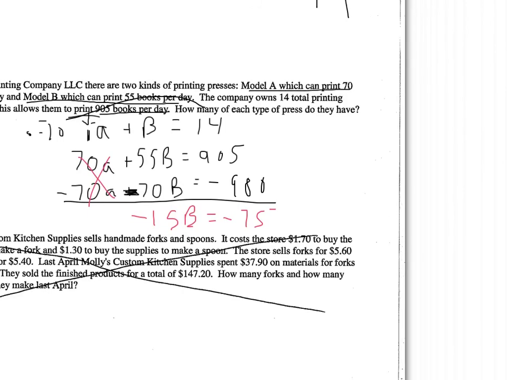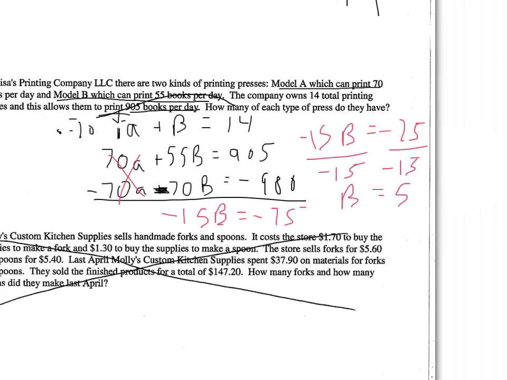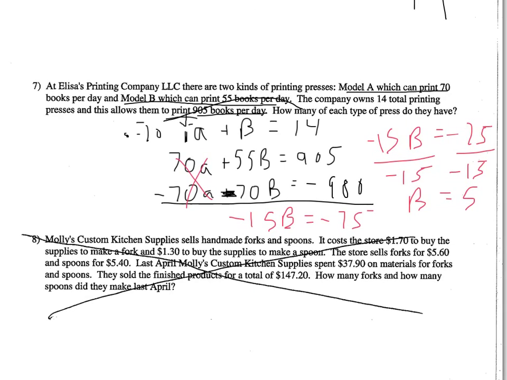If you solve that equation, dividing each side by negative 15, there would be 5b printing presses. And since there are 14 total printing presses, that would give you 9A printing presses.